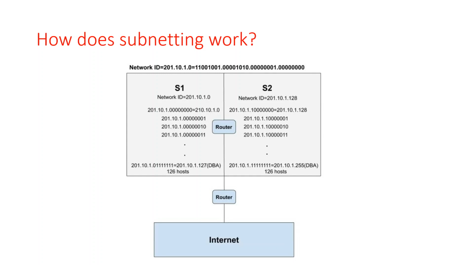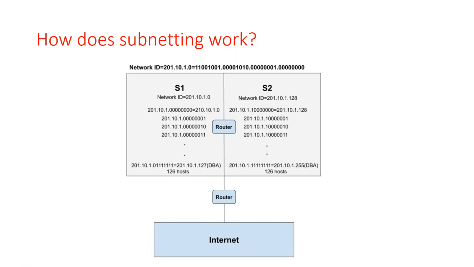The range of the IP addresses in the first subnet network is from 201.10.1.0 to 201.10.1.127.